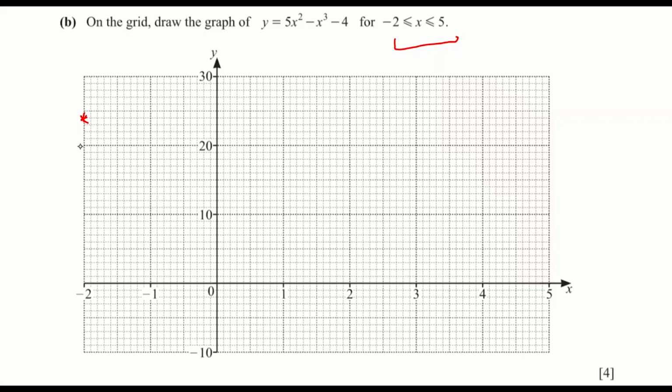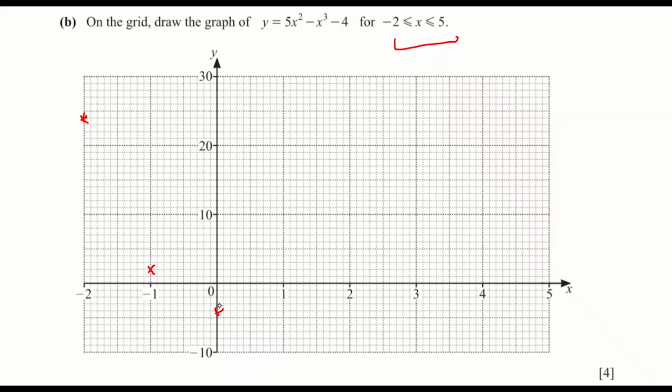When x equals minus 1, y equals 2. Okay, so it will be 1, 2, to be here. Then when x equals 0, y equals negative 4. So you have negative 1, negative 2, negative 3, negative 4 here.